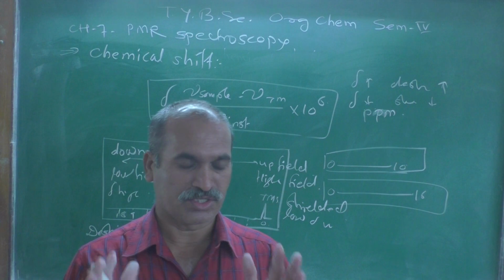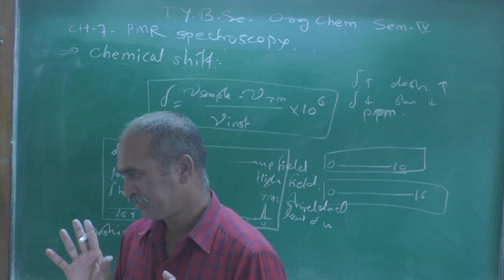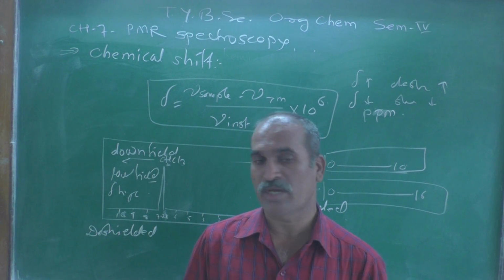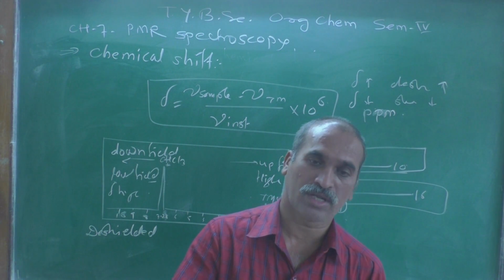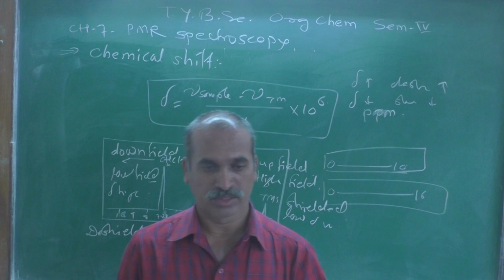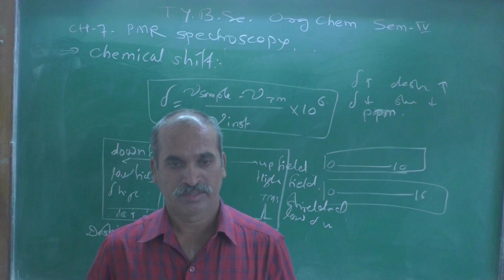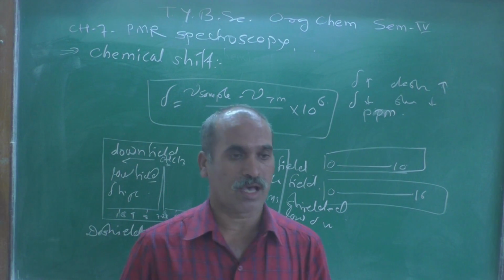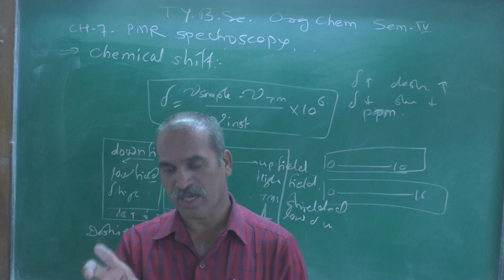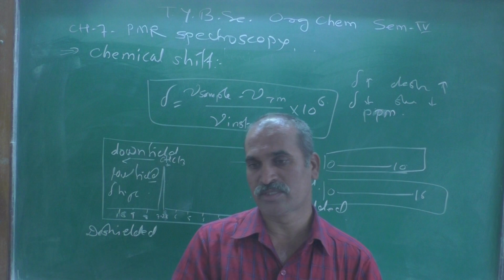Shielding and de-shielding: as we know, a proton is never alone; there are bonding pairs. When the external magnetic field is applied, due to the circulation of the electronic environment around it, two regions are generated where a proton may fall.